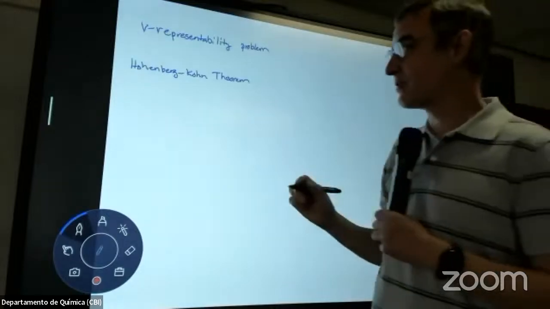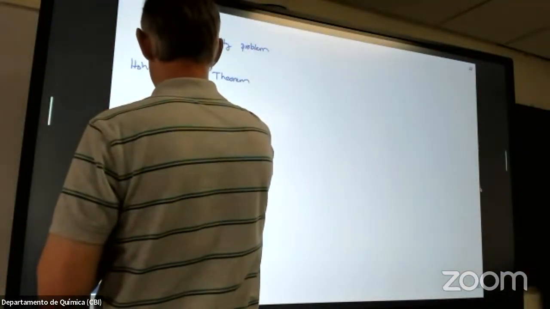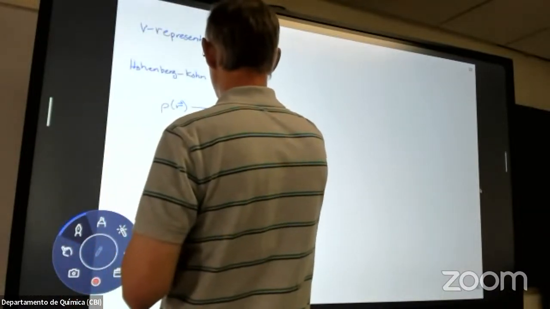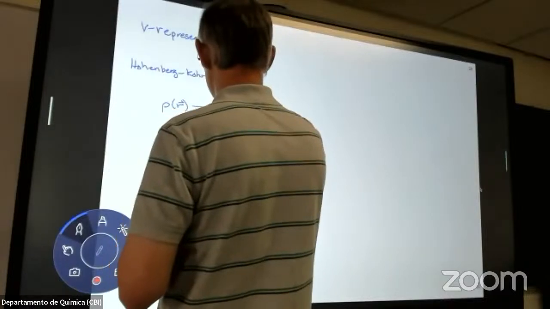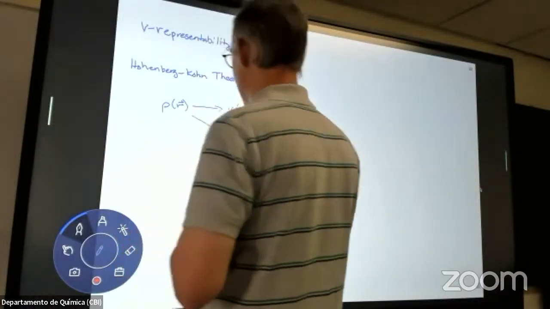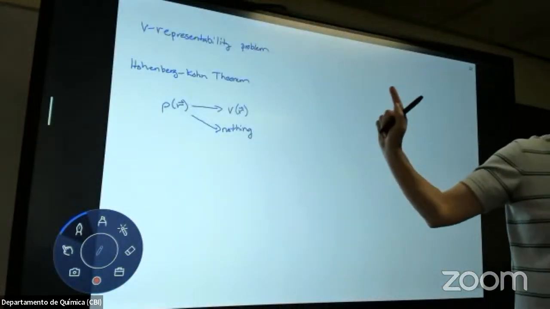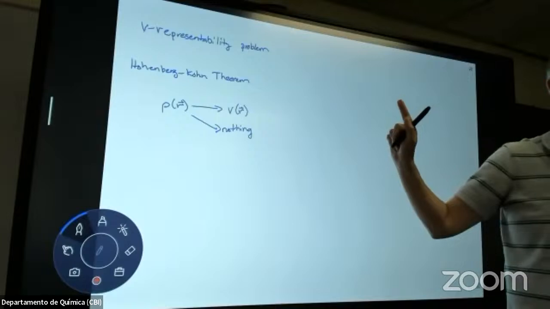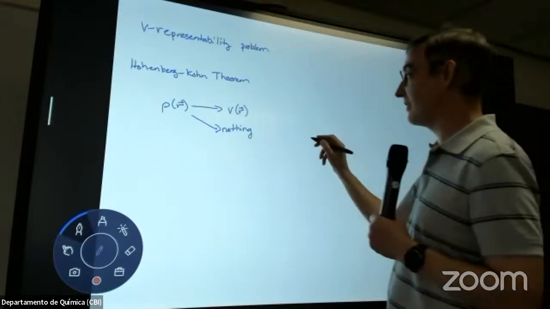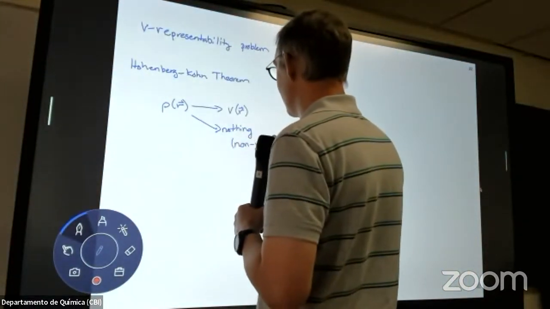The Hohenberg-Kohn theorem says that if I give a density, there are two choices. It's the ground state for some external potential, one and only one external potential, or it's the ground state for nothing. And if it's a ground state for nothing, we say that it is non-V-representable.